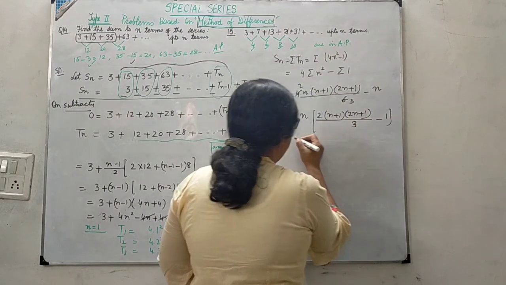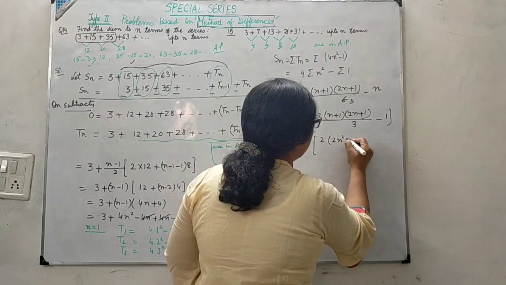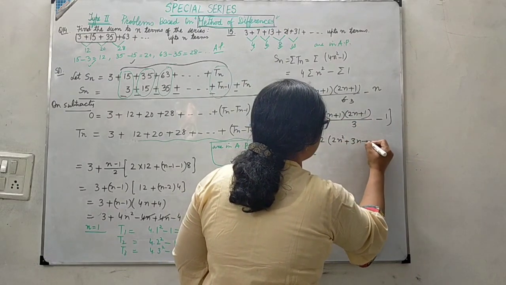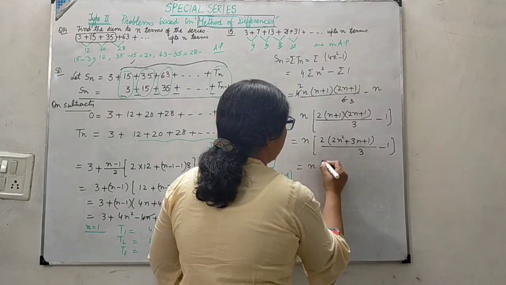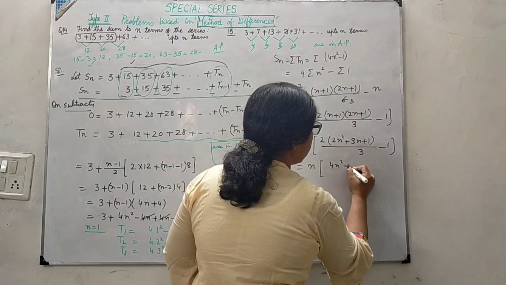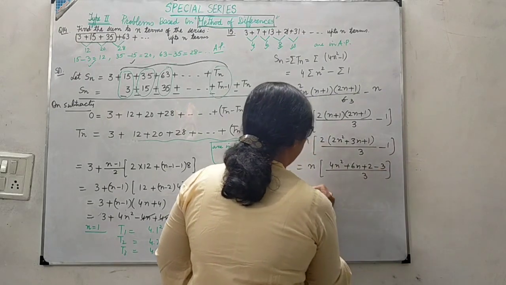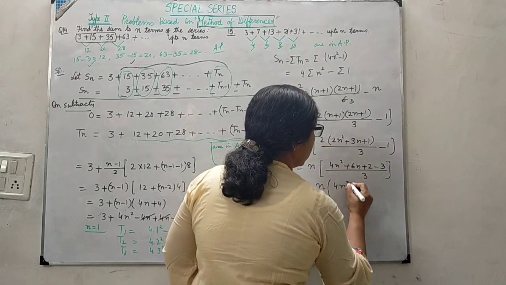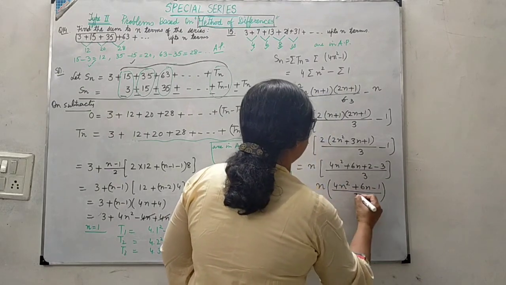minus 1. And inside, if I simplify this as 2 into 2n square plus 2n plus n, 3n plus 1 by 3 minus 1. This is n into 4n square plus 6n plus 2 minus 3 by 3. So we are left with 4n square plus 6n minus 1 by 3.